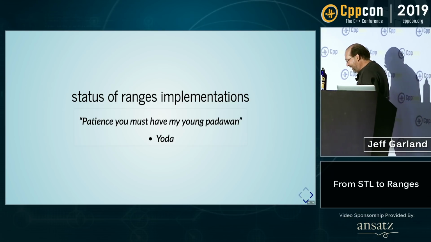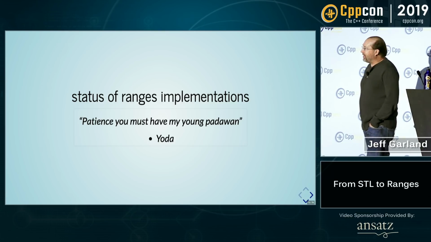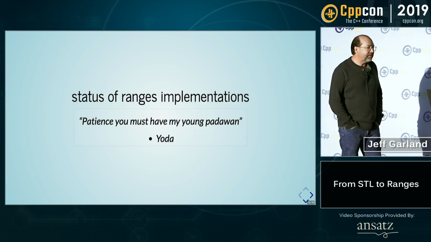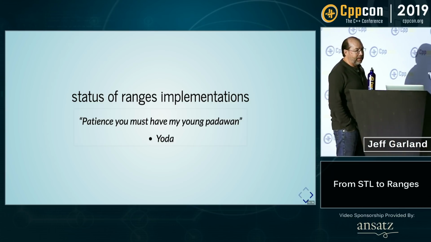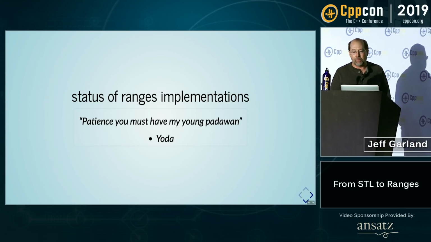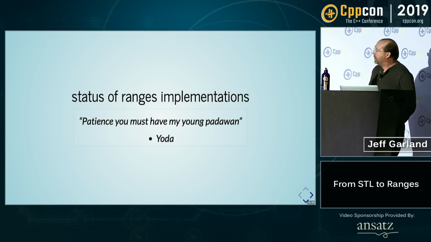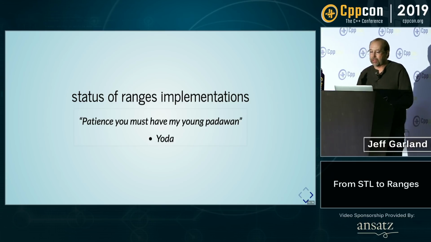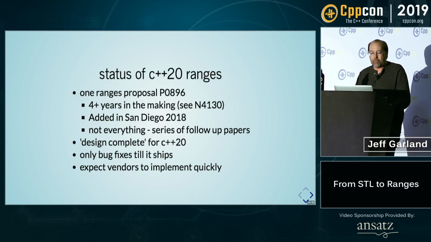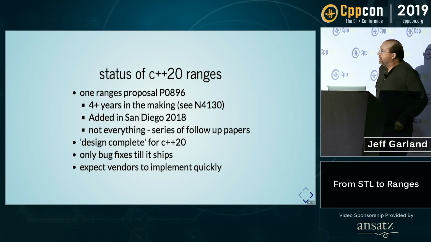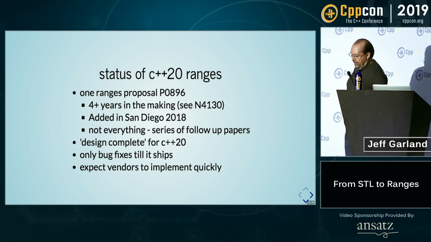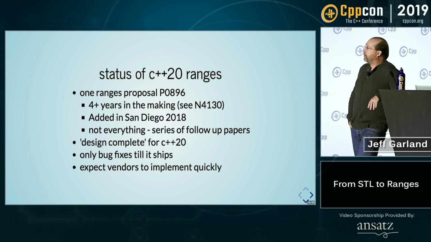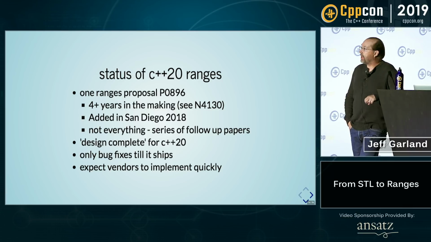So the status of this has been, as I said, in much flux. And there were many interactions between compilers, and so at times it was quite difficult to actually get this code to compile, but it is getting much better. The primary proposal that went into the standard was really adopted in 2018 in San Diego.